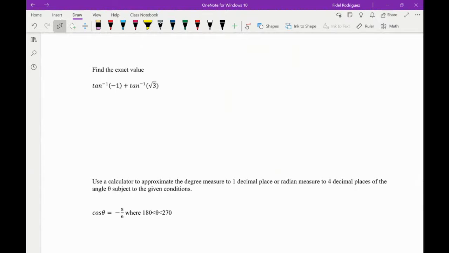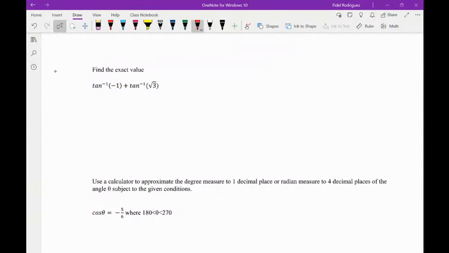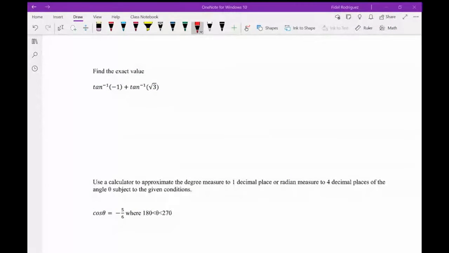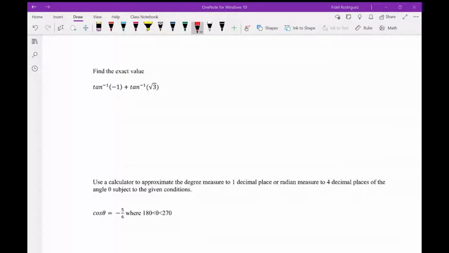So for the next part right here, it says find the exact value. Tangent inverse of -1 plus the tangent inverse of the square root of 3. So y'all, just like we did before, I'm going to use this table right here. The first part said tangent inverse of -1.